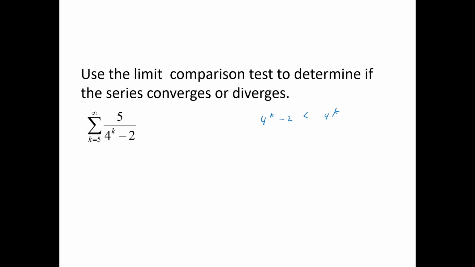But when I flip it now, you get 1 over 4 to the k minus 2 is bigger than 1 over 4 to the k. Now the 1 over 4 to the k you should recognize as geometric, and you should recognize that it converges. But because these are bigger, the basic comparison test doesn't hold, right?